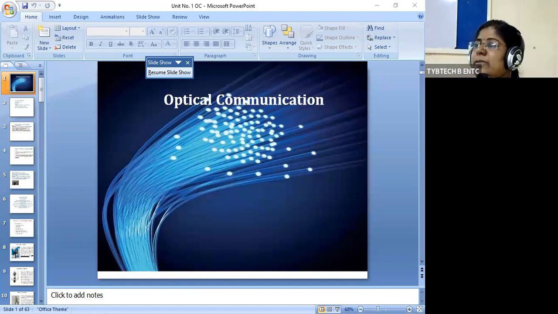There was no direct invention of optical sources or optical detectors. Whatever you are seeing now has come from a lot of research and experimentation in the optical field. Initially, in 1790, the optical semaphore was invented by Claude Chappe. Then in 1880, the photophone was invented by Bell at Washington.